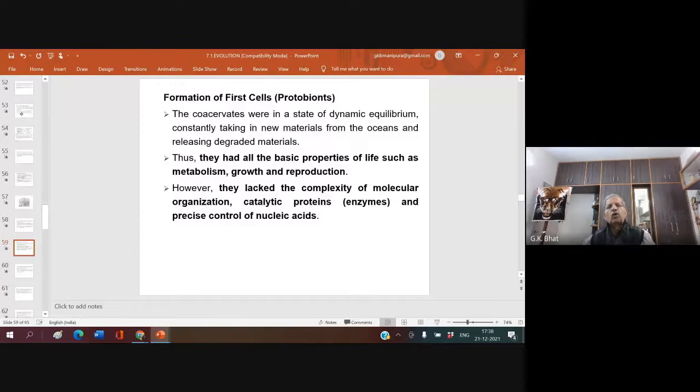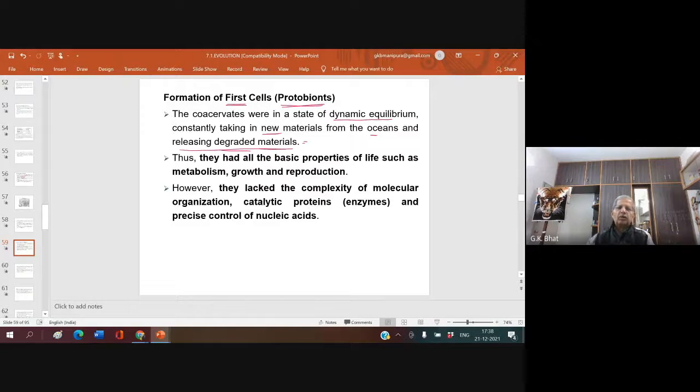Now, let us look into how the formation of the first cell took place. The first cell is always referred to as a protobiont. The coacervates were in a state of dynamic equilibrium, constantly taking new material from the ocean and releasing degraded material. Releasing of degraded material is equivalent to excretion. So you have seen nutrition.